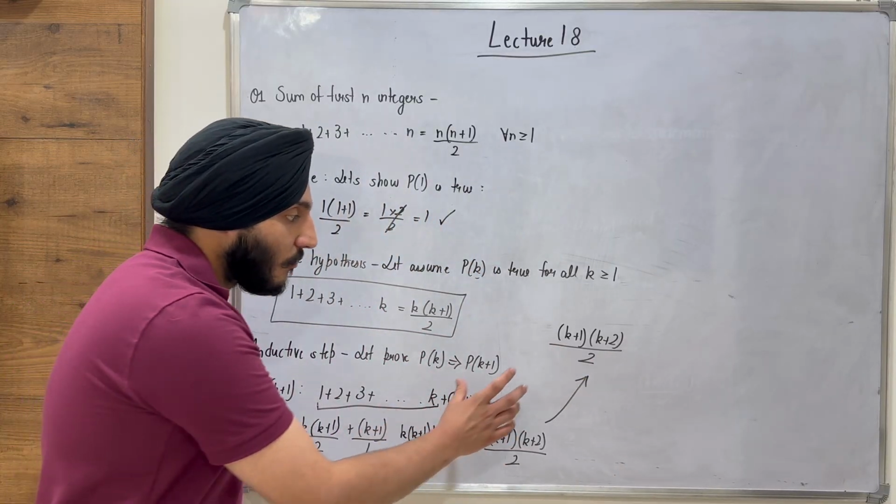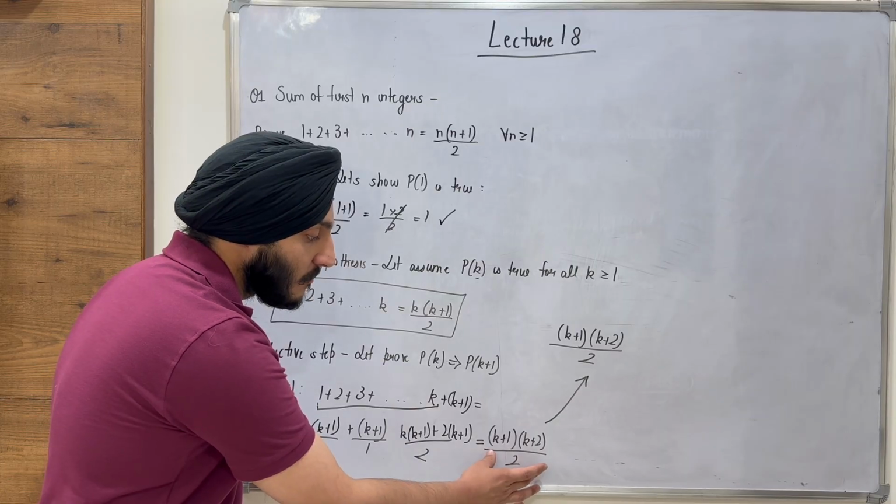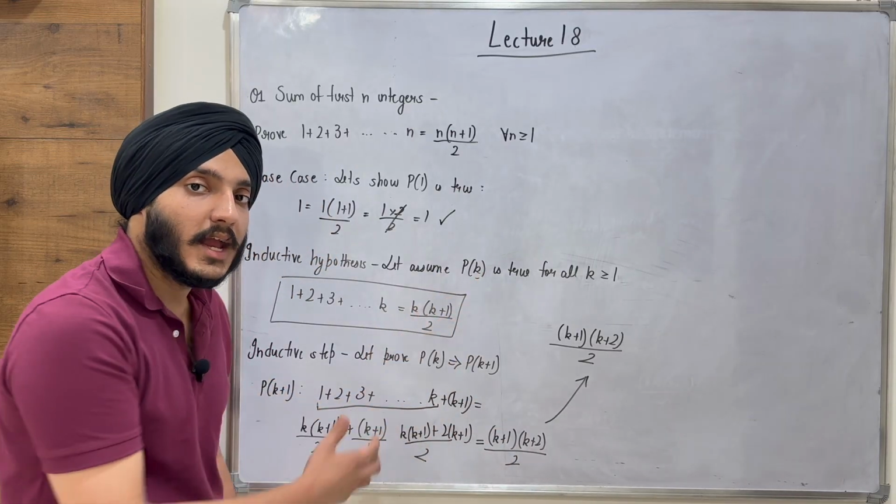This is exactly the same as this equation. So this is what we were trying to prove, and we have reached this point using just the assumption that pk is true, right?